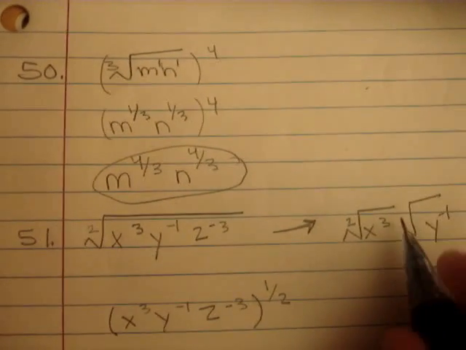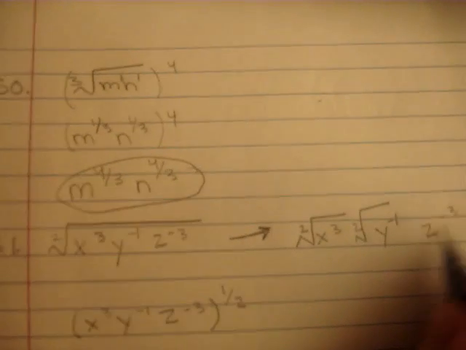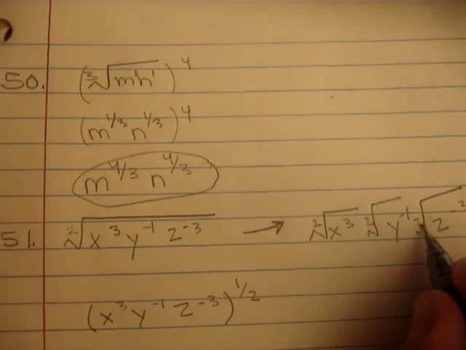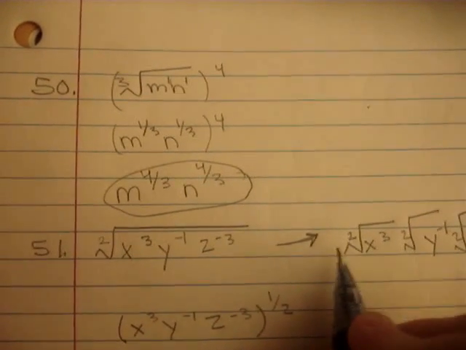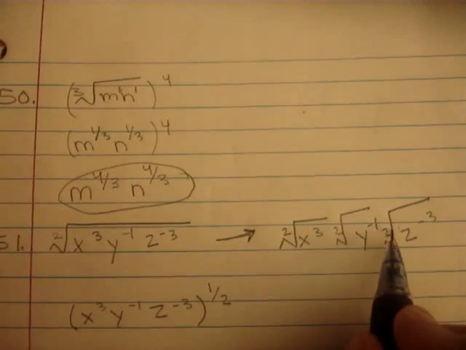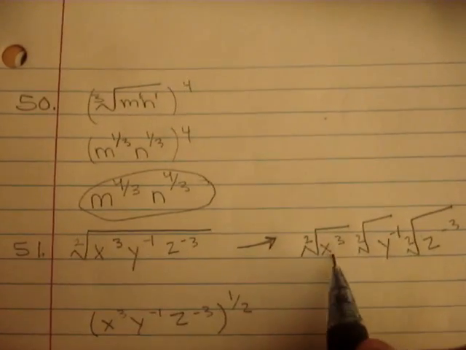Y -1 could be in its own little house. Z -3 could be in its own little house. It doesn't matter. If you want to break them up, you can. But since they all have that 2, I've written the 2. They are all sharing that same index, so they can share the same house. If you wanted to break that up, you could.